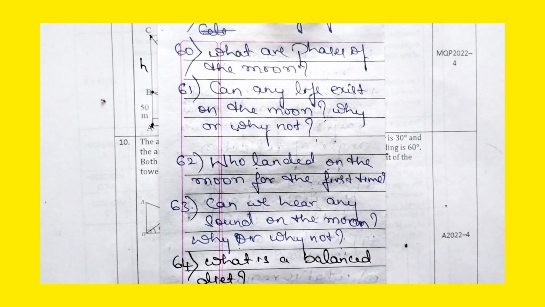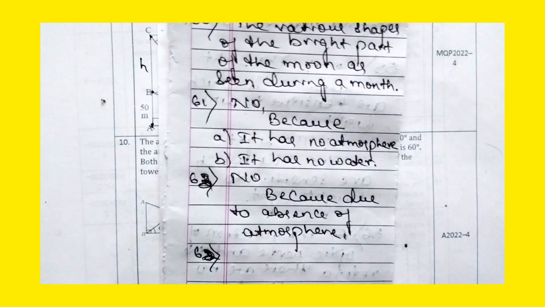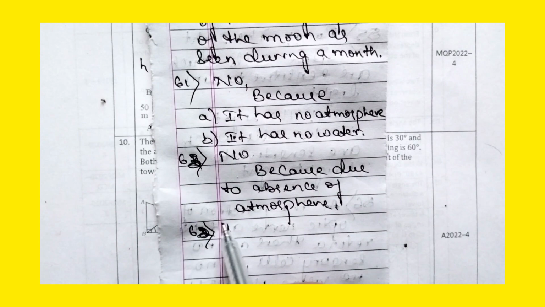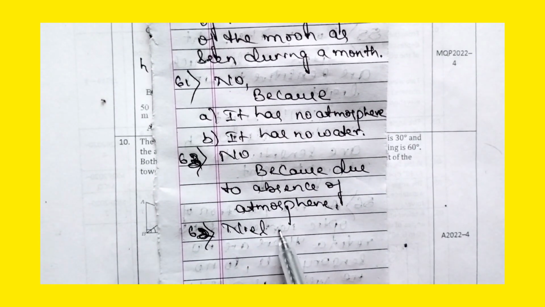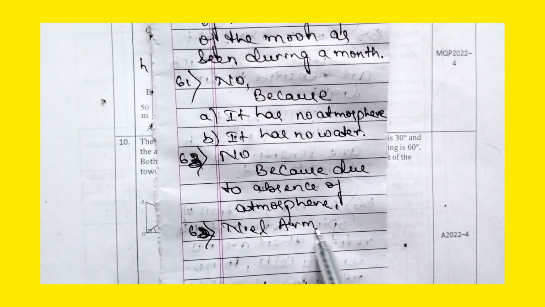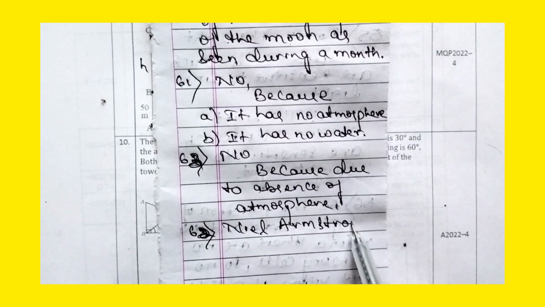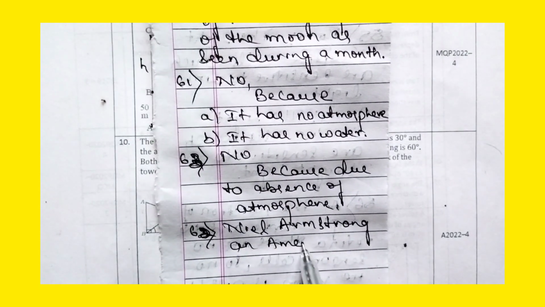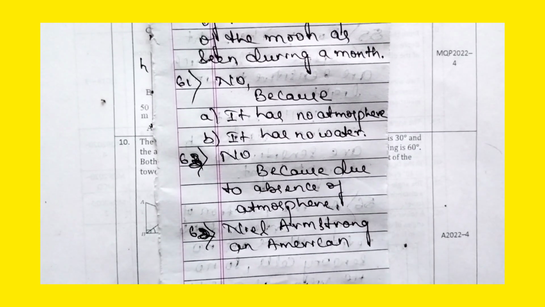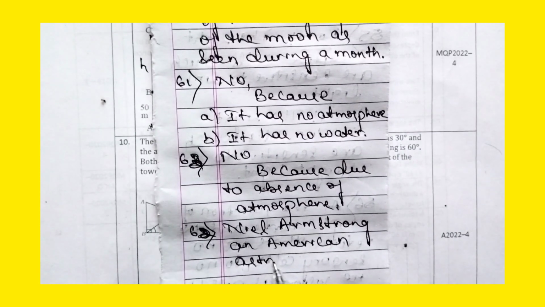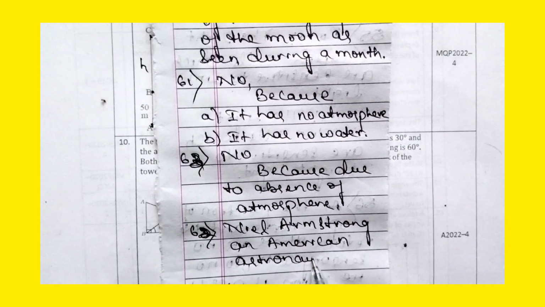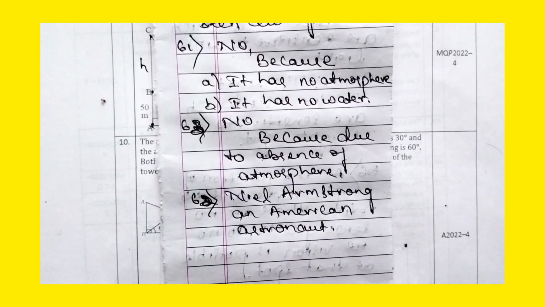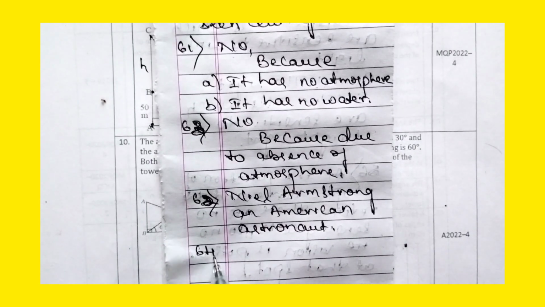Who landed on the moon for the first time? Our answer is Neil Armstrong, an American astronaut.